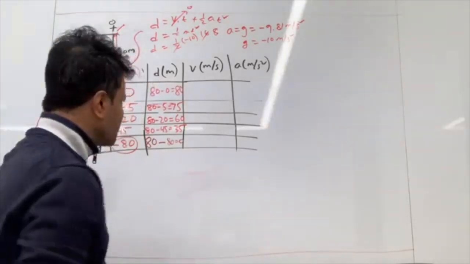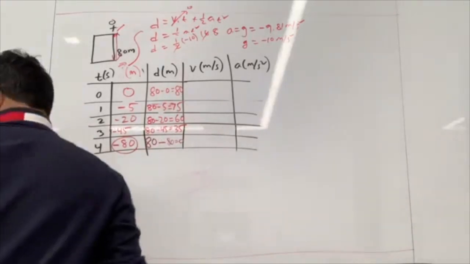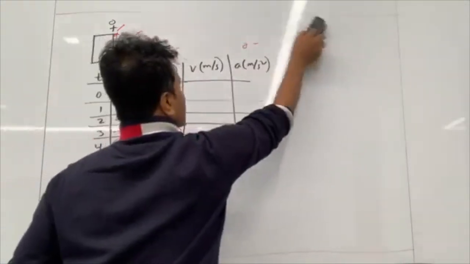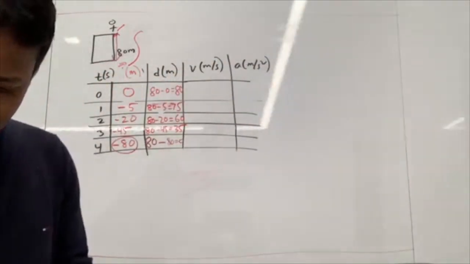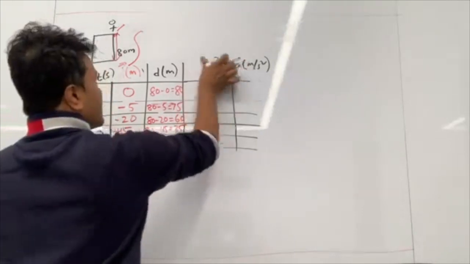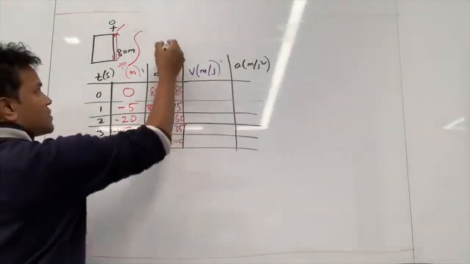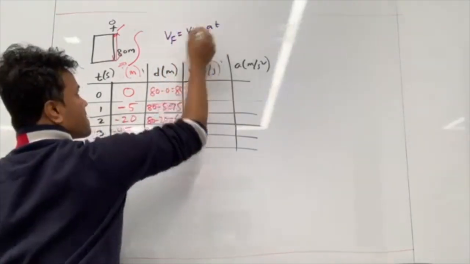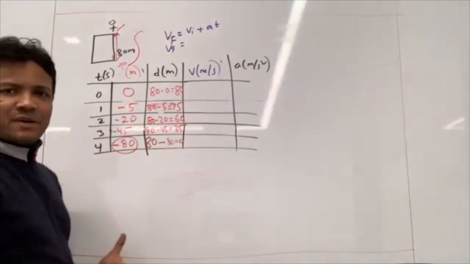Makes sense. Now we're going to do the velocity. This is the equation we're going to use for the velocity. Velocity is in meters per second. So velocity final is velocity initial plus at. Velocity final at 0 seconds, of course, is 0.